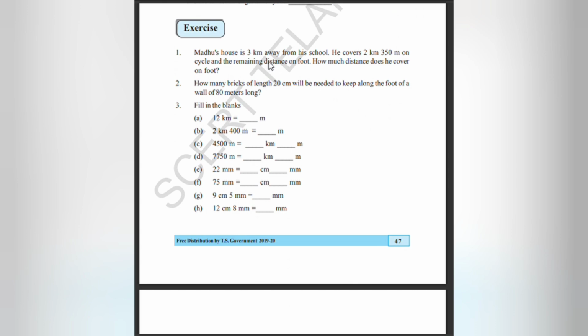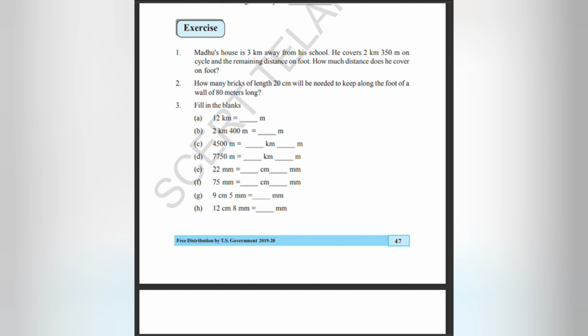Madhu's house is 3 kilometers away from his school and he covers 2 kilometers 350 meters on cycle and the remaining distance on foot. How much distance does he cover on foot?